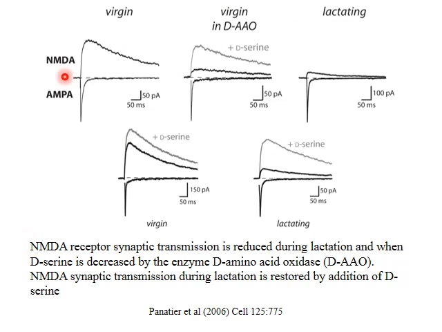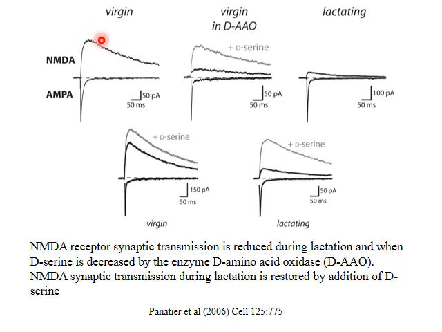This series of records shows the importance of D-serine release from astrocytes for NMDA transmission in the hypothalamus. If we look at the upper left here, these are voltage clamp records that show both an AMPA component of synaptic transmission and an NMDA component of synaptic transmission. The details of how these were recorded are not important.